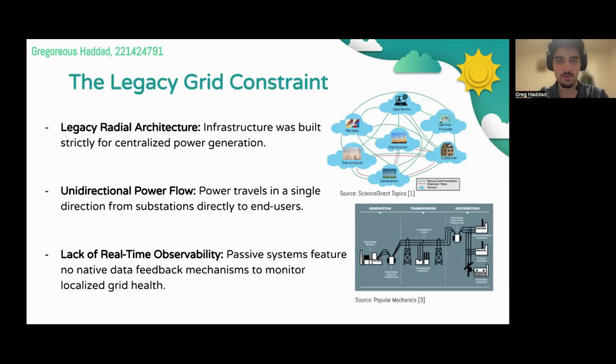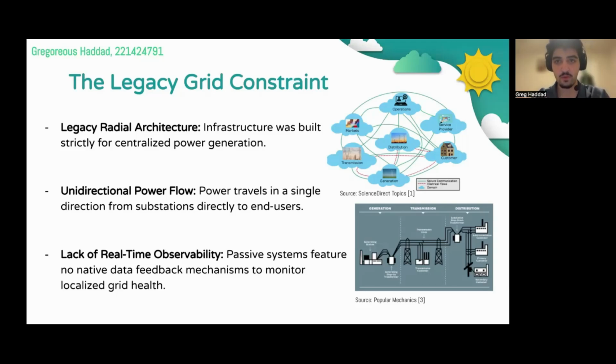So utility providers have no native data feedback mechanisms to monitor localized grid conditions or equipment failures at the distribution level. To highlight this, the flow moves strictly from left to right, from the centralized plant through the step up or step down, depending on what's needed, directly to the consumer.